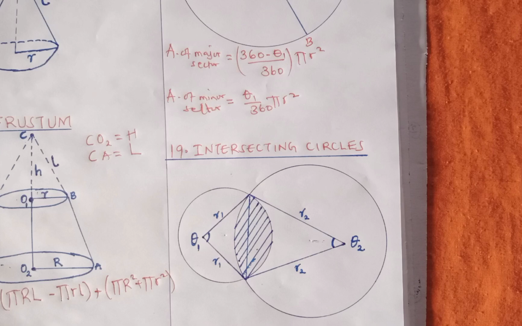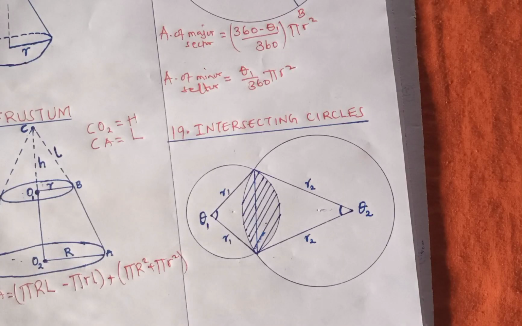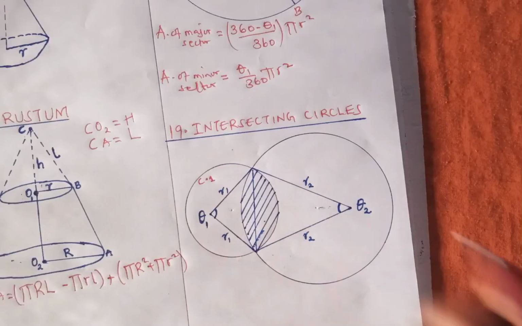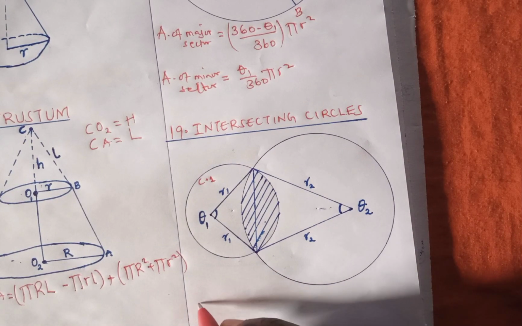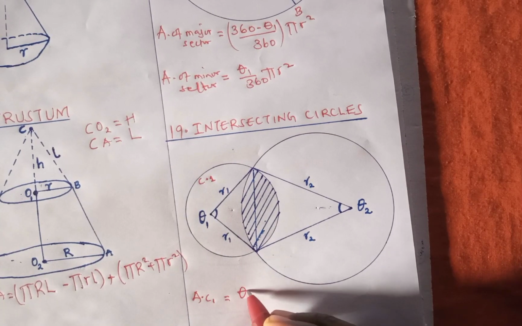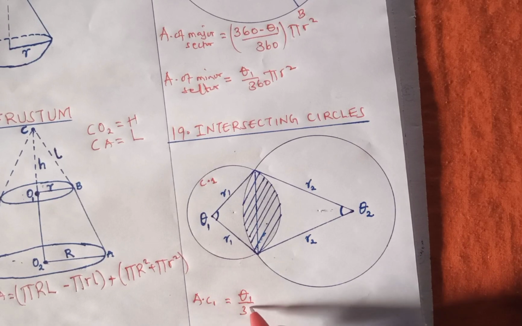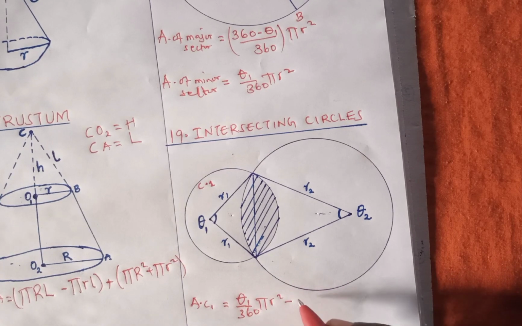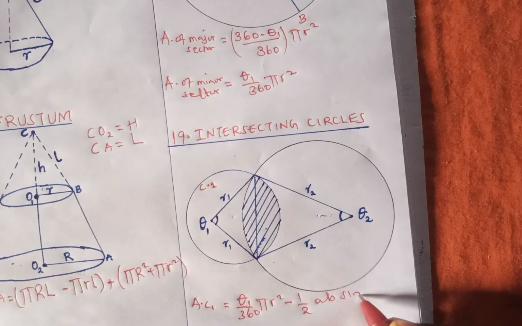If you have been asked to calculate the area of the shaded region, the area between the two intersecting circles, you will be forced to say that, let us say this is circle 1, the area for circle 1 is going to be theta 1 over 360 pi r squared minus the area of the triangle, given by the formula a half AB sine theta 1.